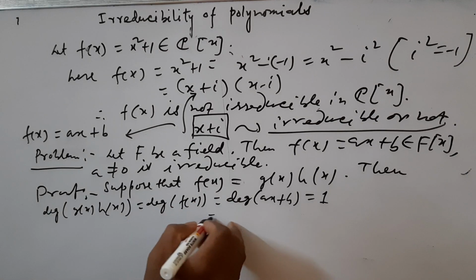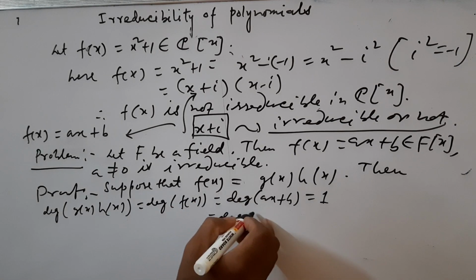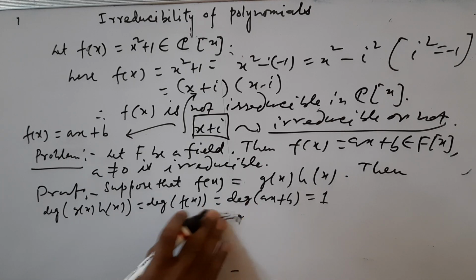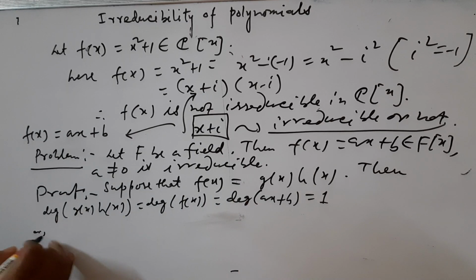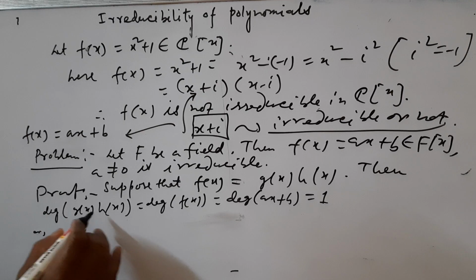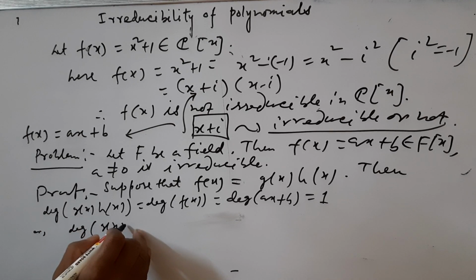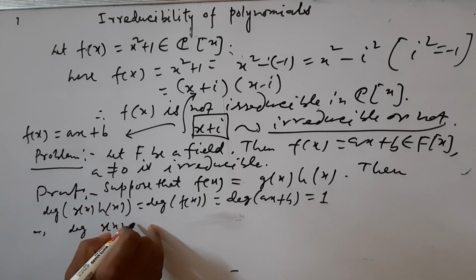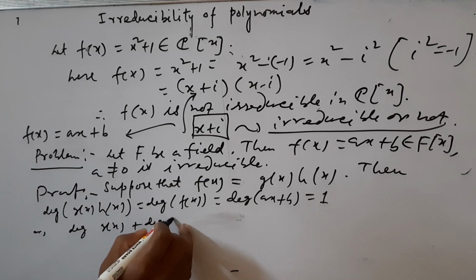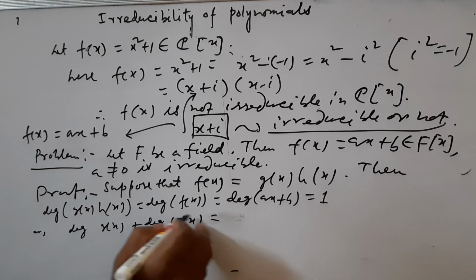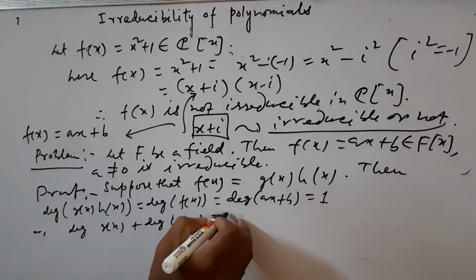This can be written as degree of g(x) plus degree of h(x) is 1.